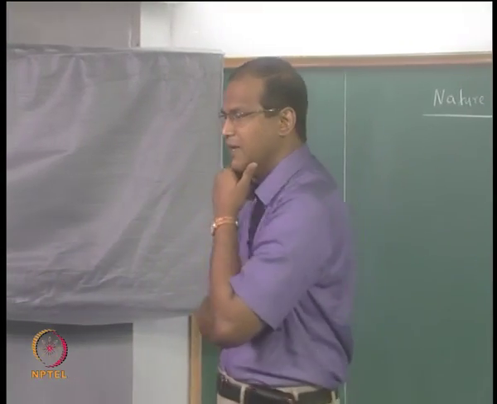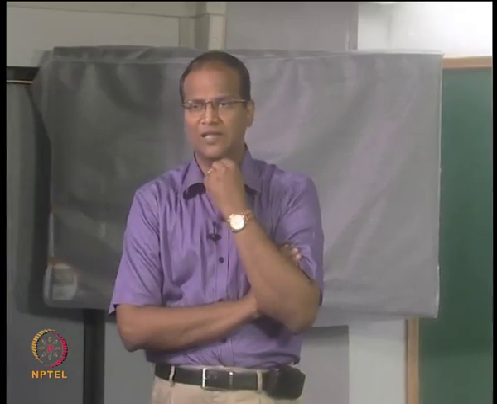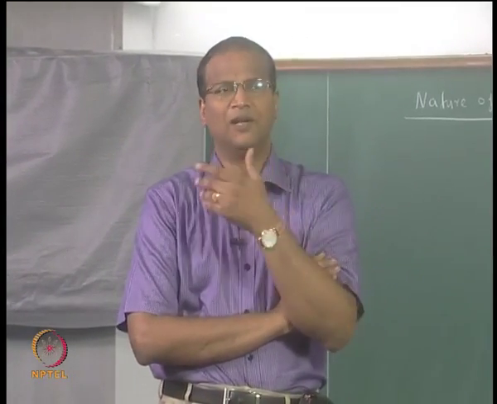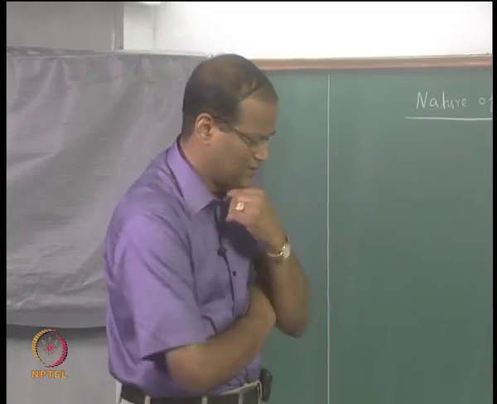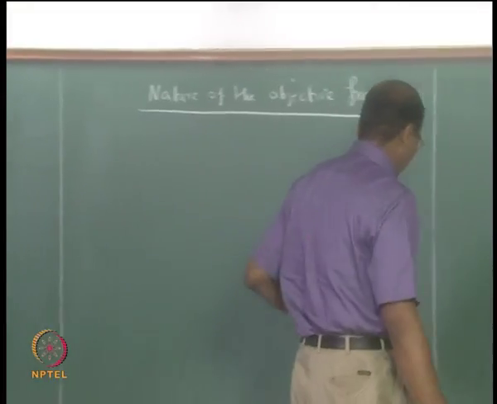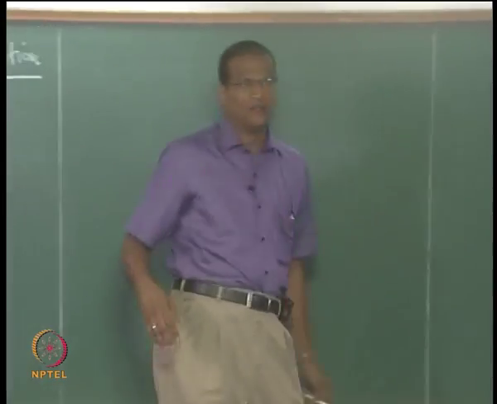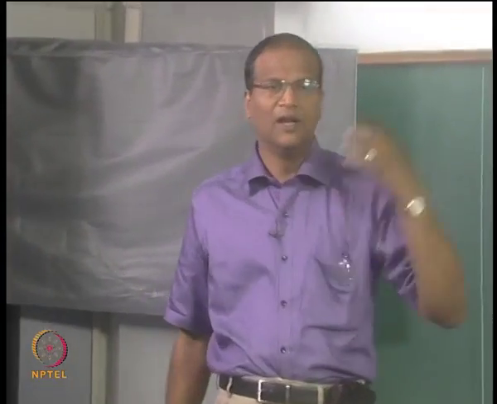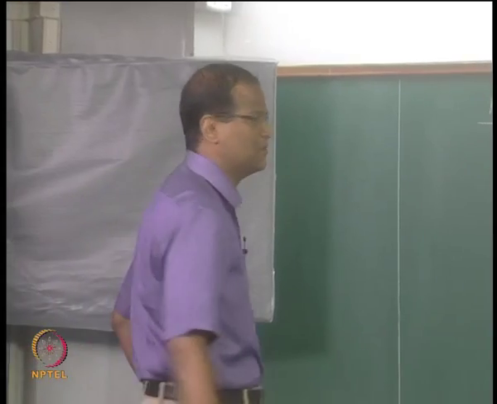Now we will see algorithms which are much more powerful than this, which can rapidly reduce the interval of uncertainty, right. So the nature of the objective function, whatever discussion we are going to have, is basically with respect to a single variable problem, and we can extend it to multivariable problems very easily.